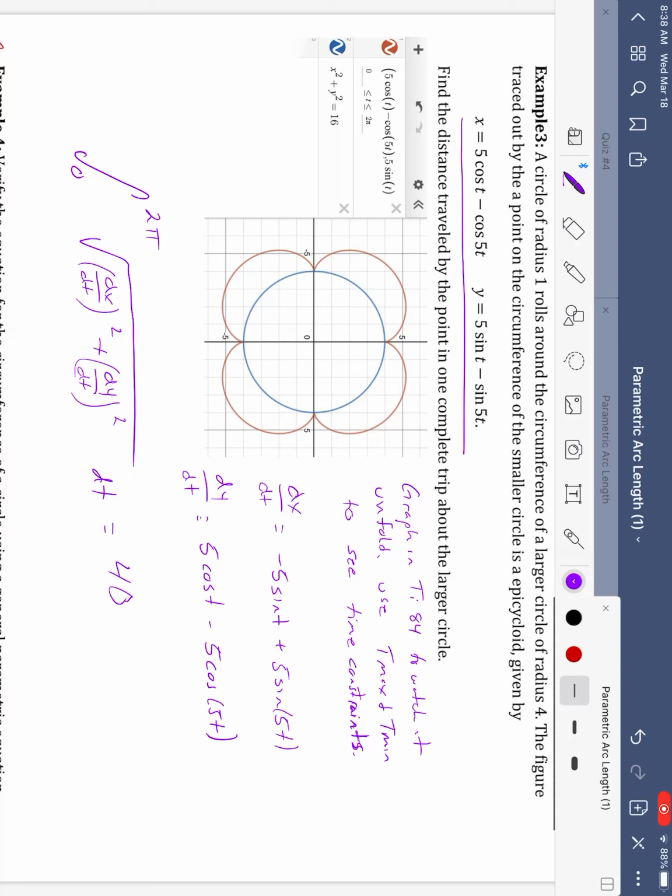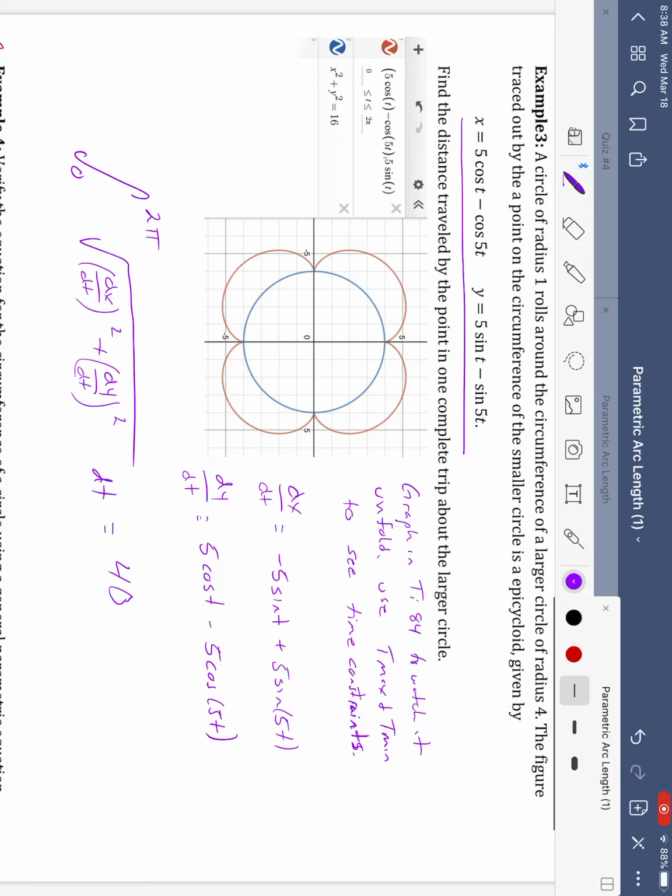One way people describe this is like if you have a quarter and a dime and you're spinning the dime, so the quarter is stationary and the dime is rolling around the outside. If you traced one dot on the edge of that dime, this red curve is what you would get. That's your epicycloid.